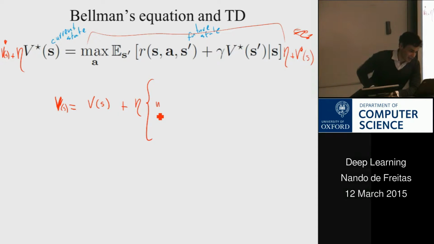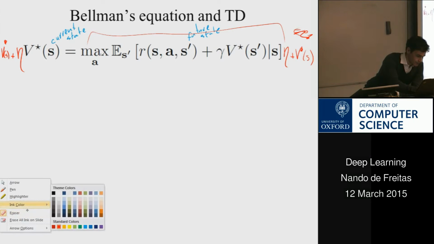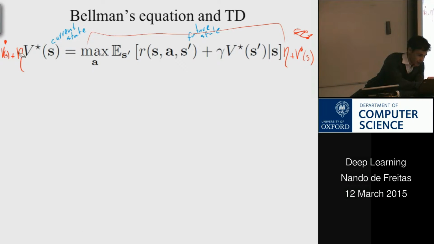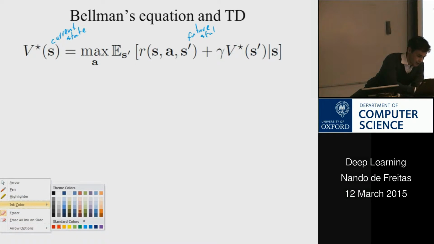Oh, hang on. No, we're going to have to do something slightly different, sorry. We're missing one step. I apologize for that. Let me take you back one step, because we're not going to do this for the optimal value function, but we need to do this for any possible value function.